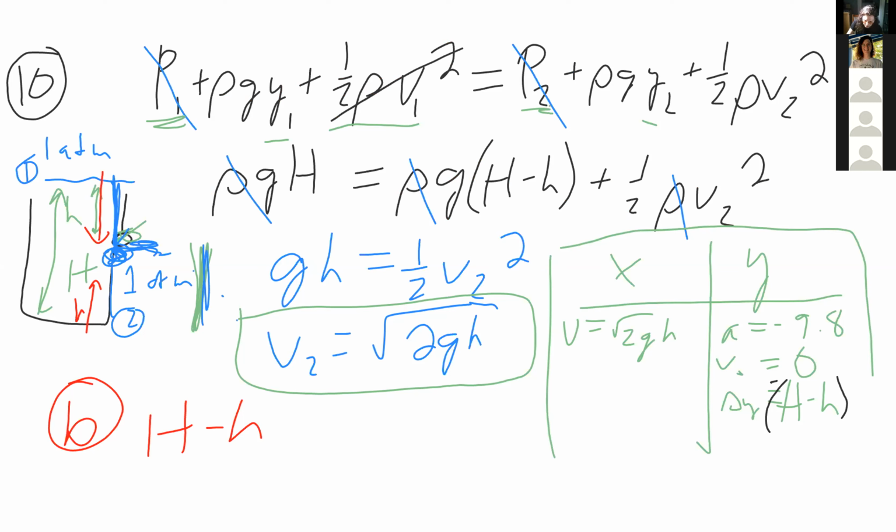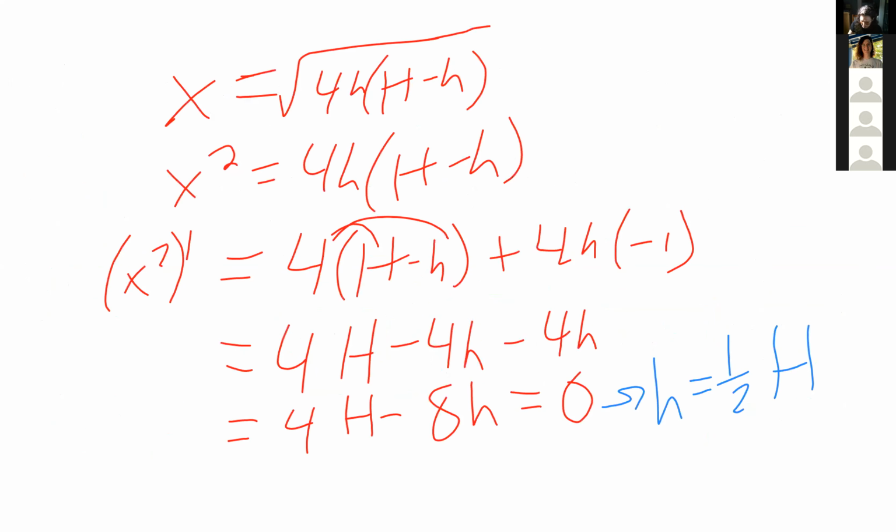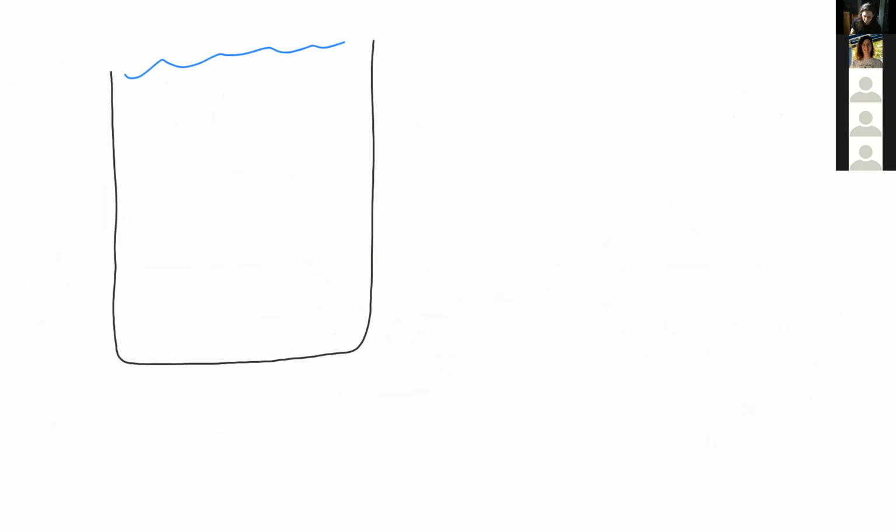So again, to show you what would happen with this tank, now that we've drawn this entire picture, here's my tank, here's my water level. If I were to drill a hole right at the very top, the water would not have enough pressure to come out, so it would just dribble down.